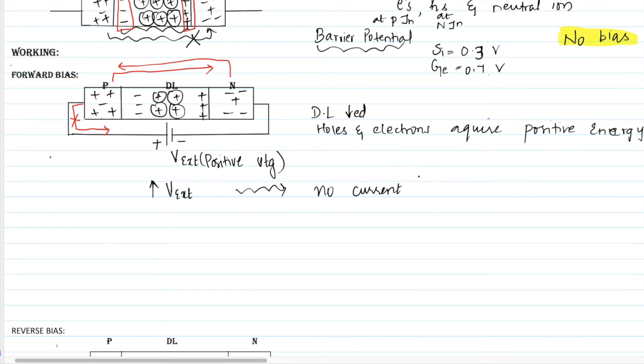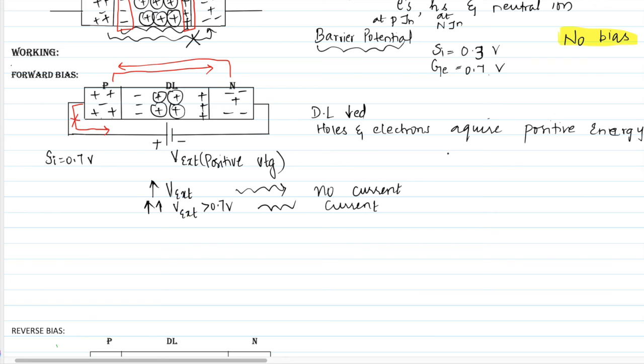Say if you are using silicon, which is 0.7 volt, then till 0.7 volt no current will flow. If you increase the external voltage greater than 0.7 volt, then current starts flowing.